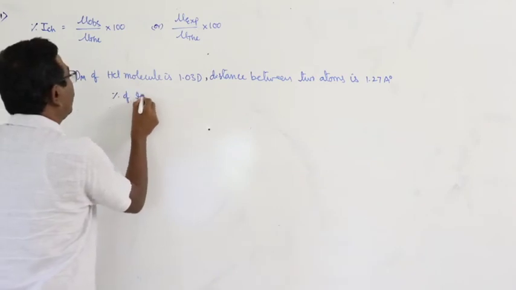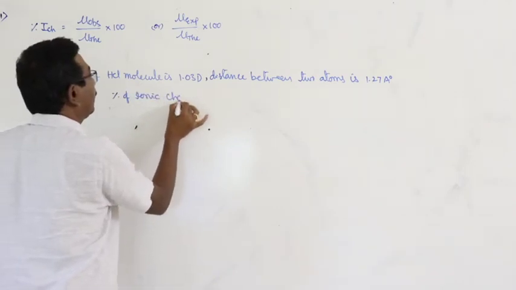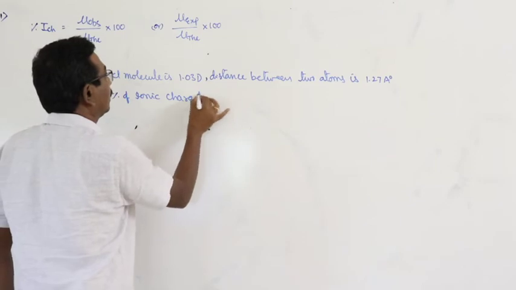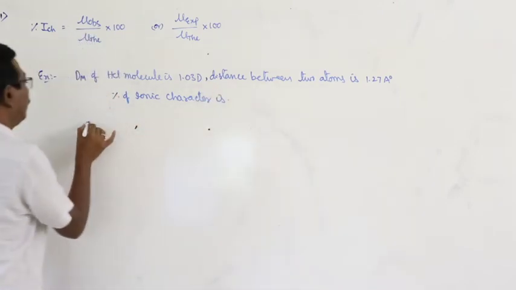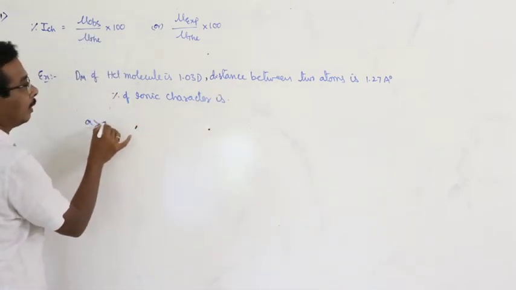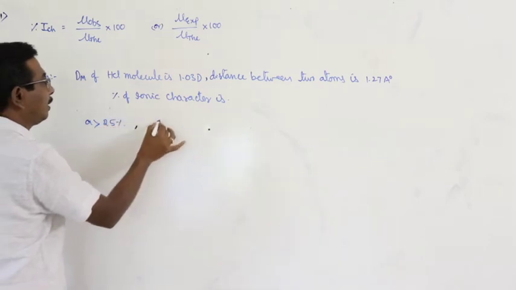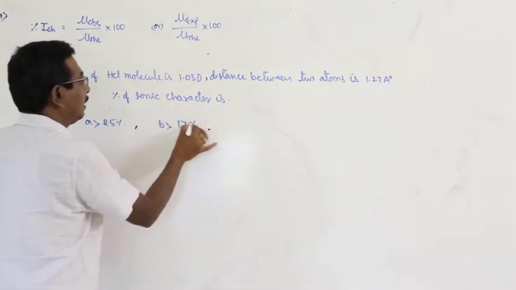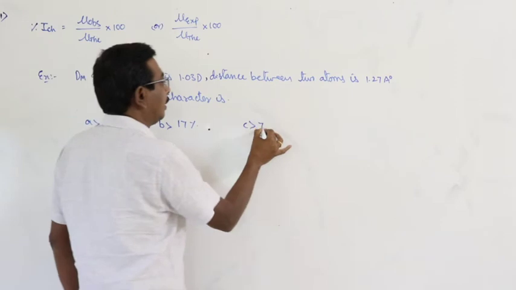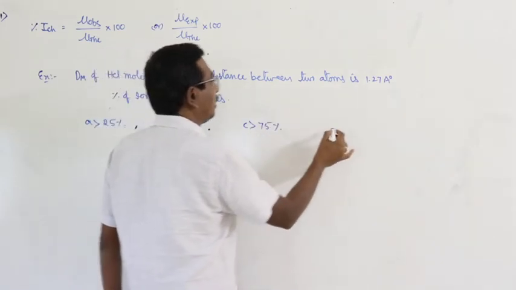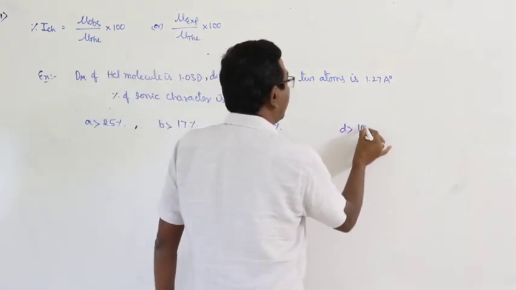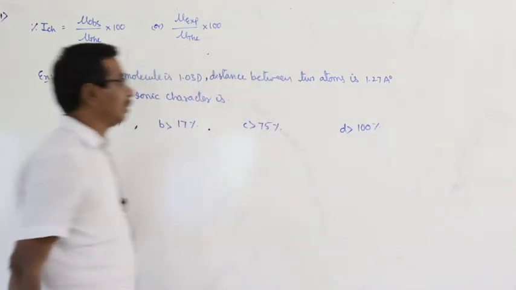Percentage of ionic character is, first option 25%, second option 17%, third option 75%, and fourth option 100%. What is the option?